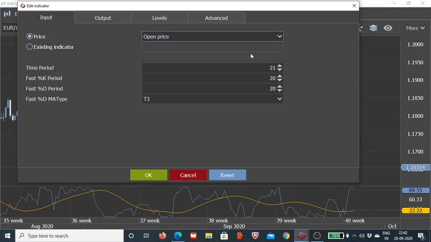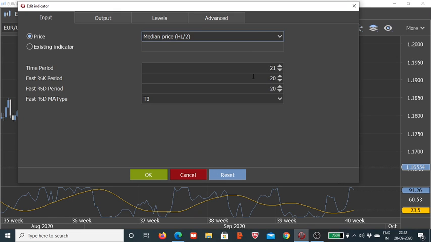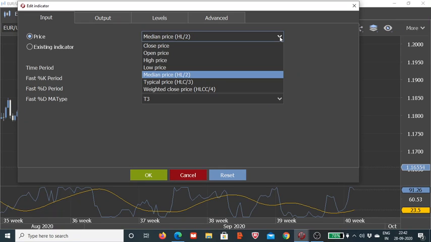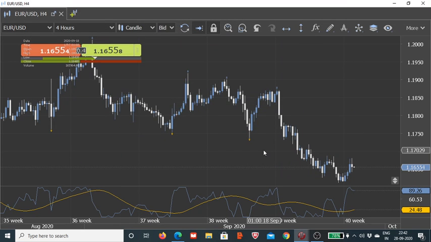We use open price to some extent. This is different. Median price also. So this is how it works, depending on what kind of price the value of the candlesticks is being taken to calculate the RSI, and then the resultant stochastic RSI will also always have the impact.